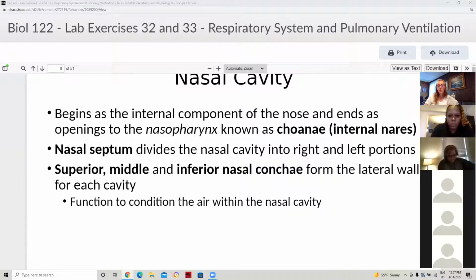They form the lateral wall for each cavity and function to condition the air within the nasal cavity. This is important later. They're conditioning it by warming it up and humidifying the air within the nasal cavity.